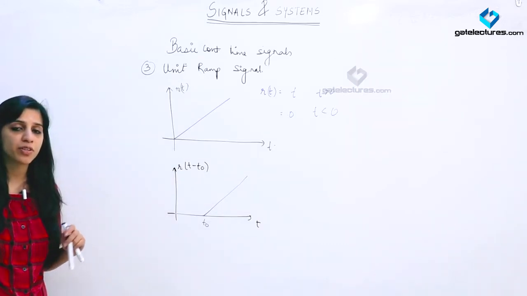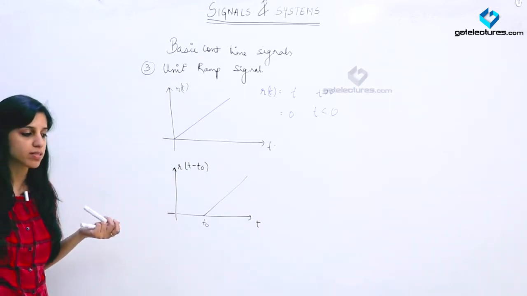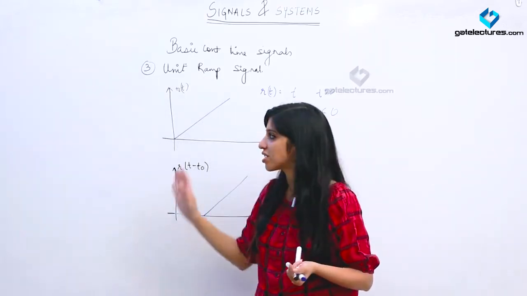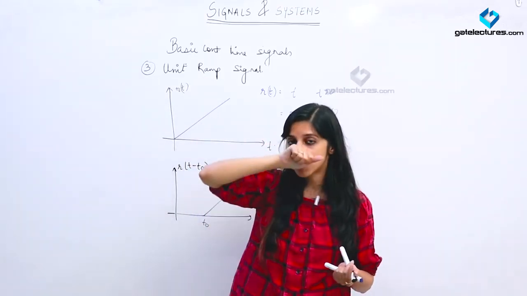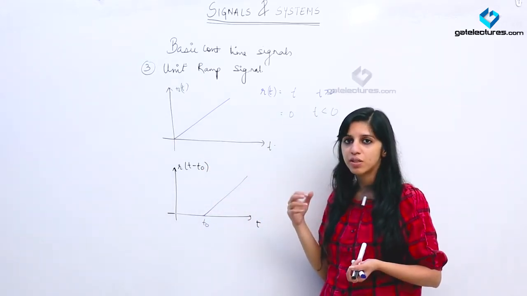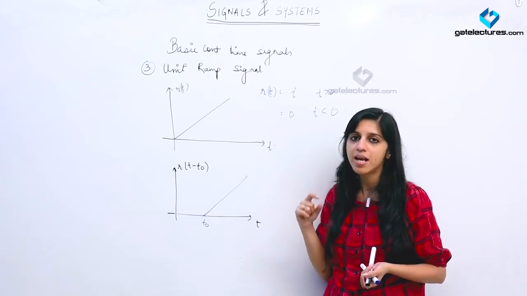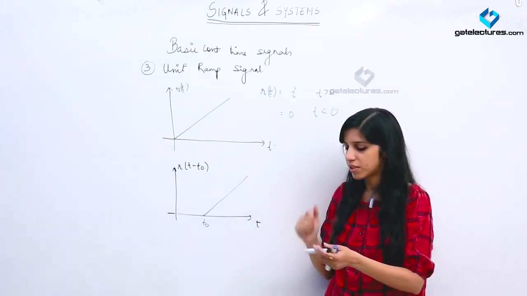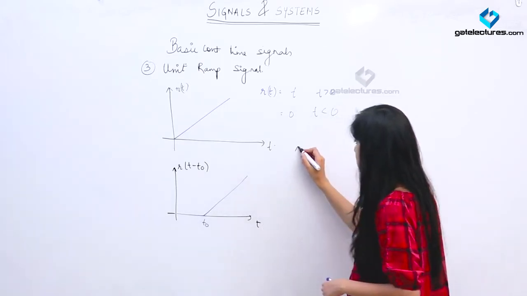Similarly, when I differentiate a unit step signal, what does the slope signify? It signifies how the function is changing, how the signal is stepping up. So whenever you differentiate a unit step signal, you get an impulse at that point. Why? Because this is how a unit step signal looks.